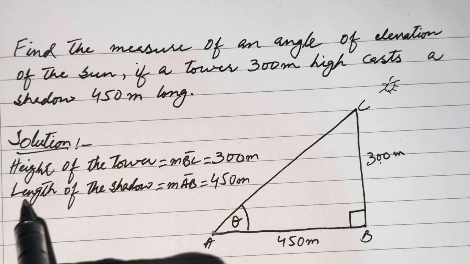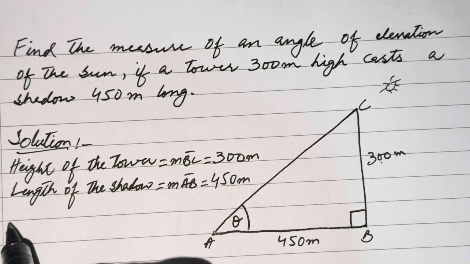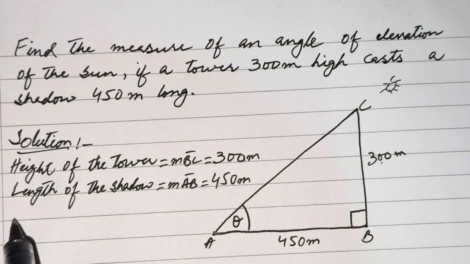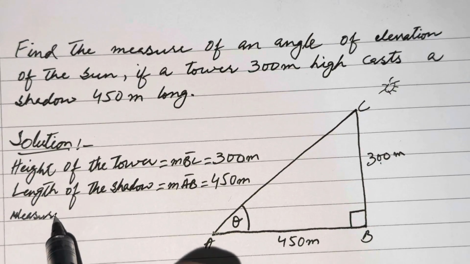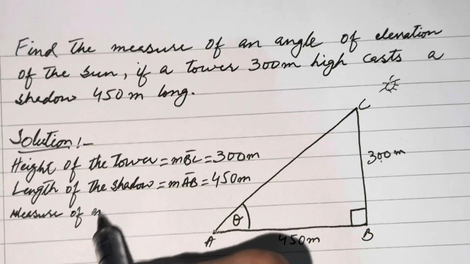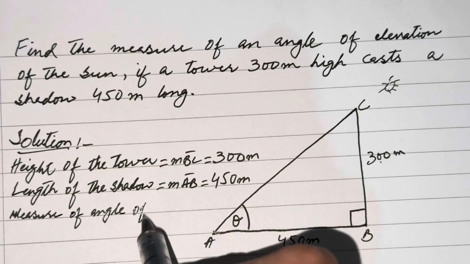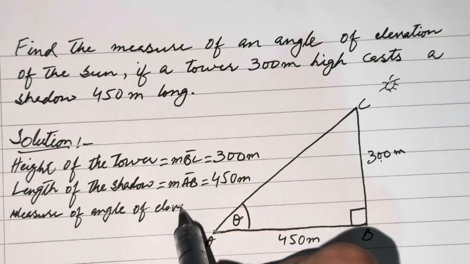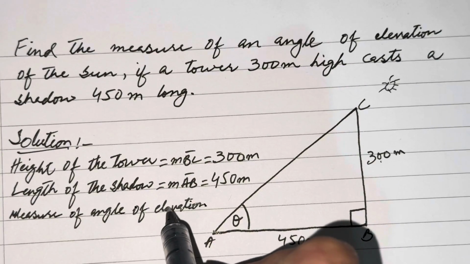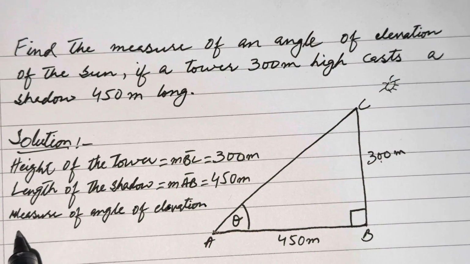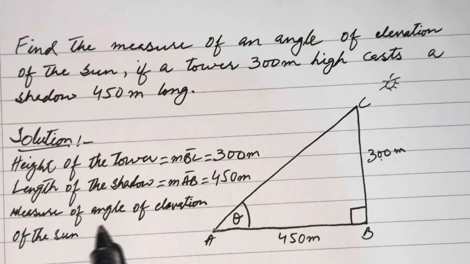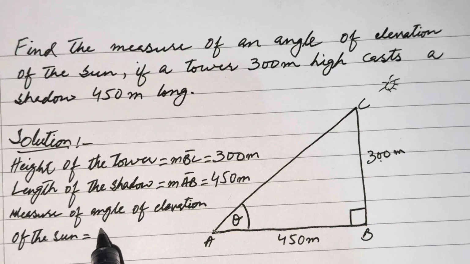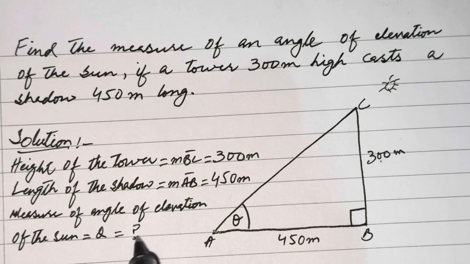So the measure of the angle of elevation of the sun is theta, that is what we have to find.